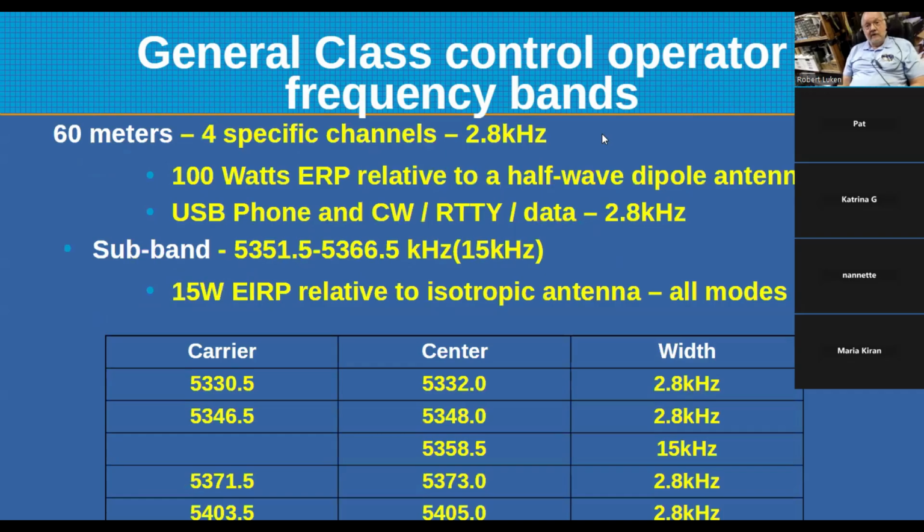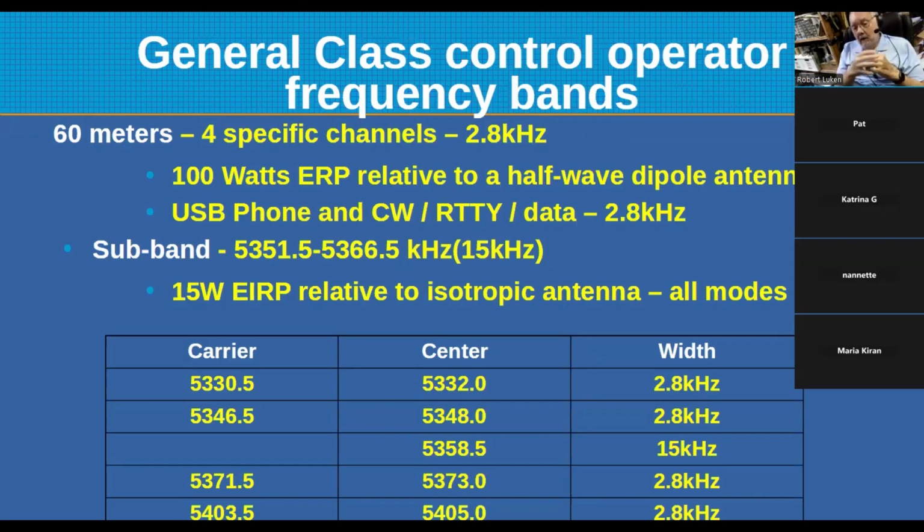60 meters is the weirdest band. It's recently been changed. It used to have 5 channels that were each 2.8 kilohertz wide, and you had to operate within those 5 channels. You were limited to 100 watts effective radiated power relative to a half-wave dipole. So that means if you had a half-wave dipole, you were okay putting out 100 watts.